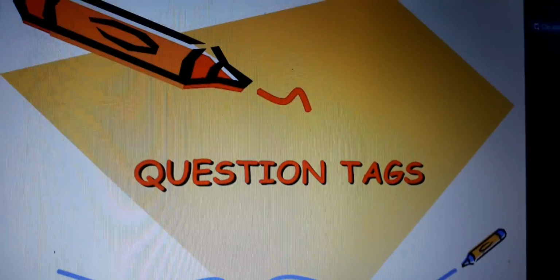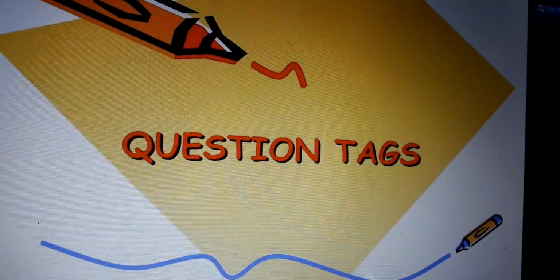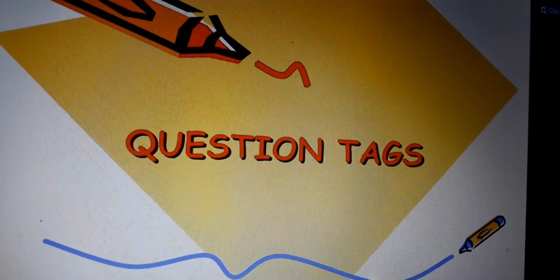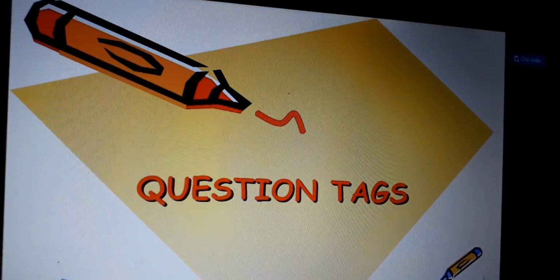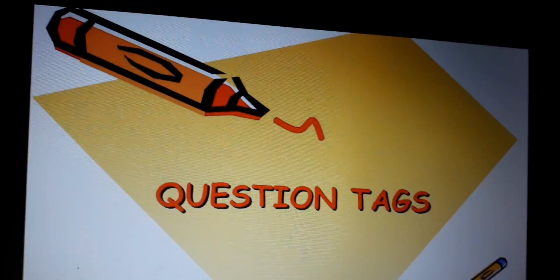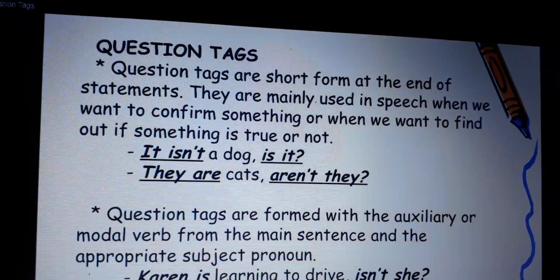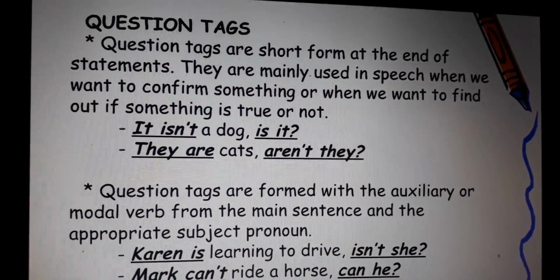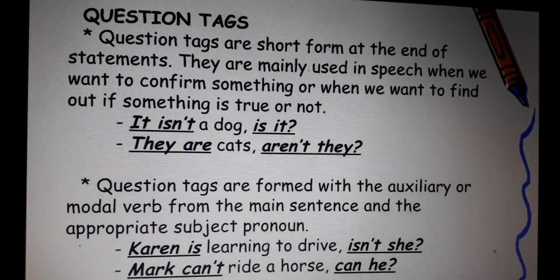Yes, dear students. So today we are going to study about question tags. What are question tags? Question tags are short forms at the end of statements.